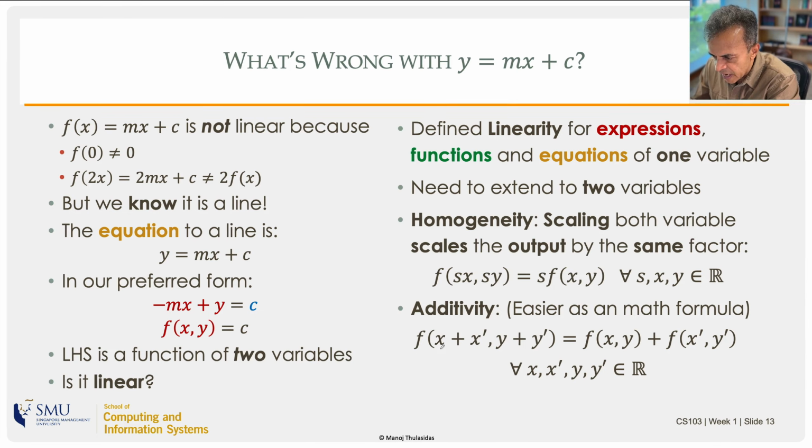So f of x plus x prime and y plus y prime is equal to f of x and y, the first parts, plus f of x prime and y prime, the second parts. If that is true, then I'll say that the additivity condition is satisfied for two variables. So this is what I'm going to say about homogeneity and additivity, and I'm specifying those things for multiple variables.